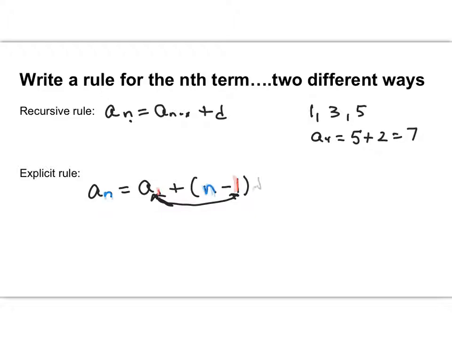All right, and then that doesn't look good. What happened to my pen? Nope, still doesn't look good. Oh, I know. Okay. So it's a sub 1 plus, in parentheses, n minus 1 times d. And when you have real numbers and you are looking for a rule, you should multiply it out and simplify it.